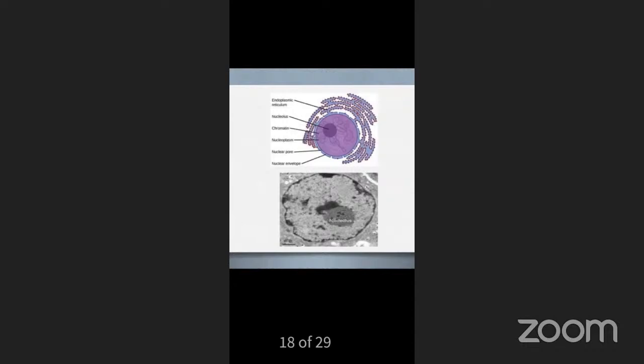The pentose sugar present in RNA is ribose, while DNA consists of deoxyribose, from which the nucleic acid gets its name. Okay. Nitrogen bases: these nitrogenous bases are of two types, purines and pyrimidines.